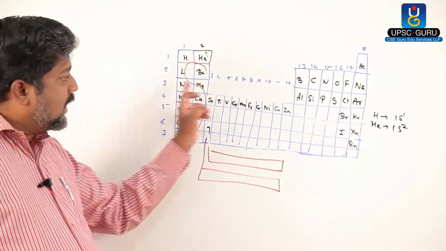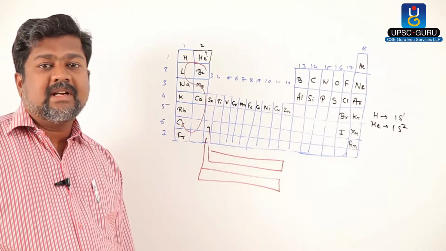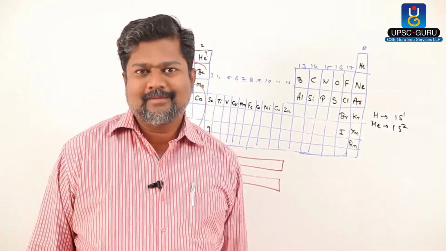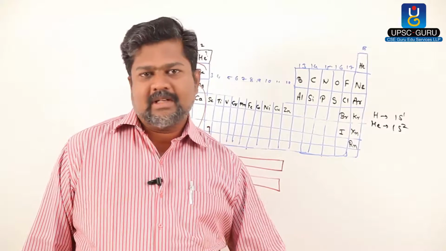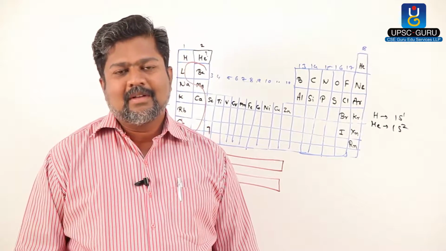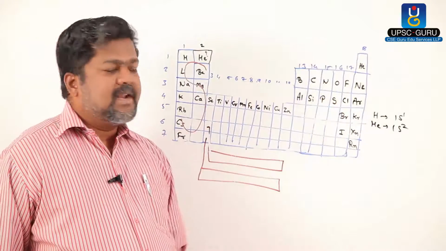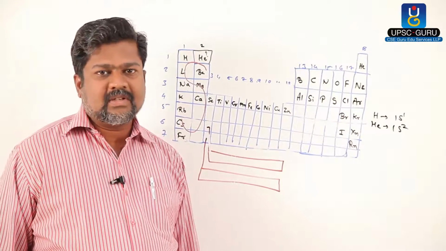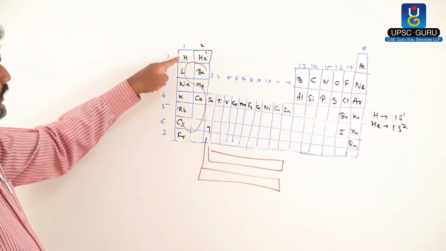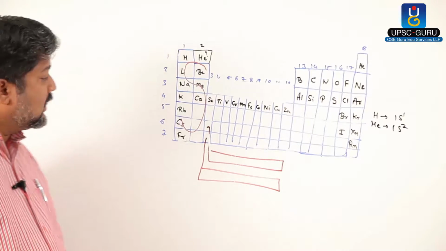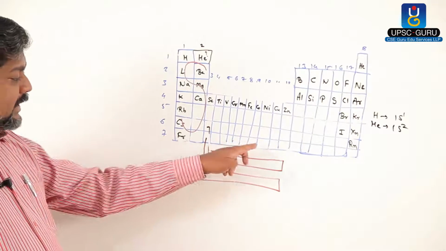Now the third period is called the representative element. Why? I don't know. Scientists are saying we accept it, because these elements represent the elements in their group. For example, sodium will give you the representation of its entire group. We are not considering the seventh period.